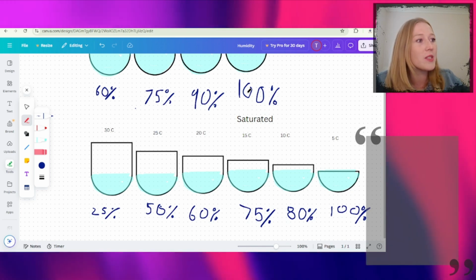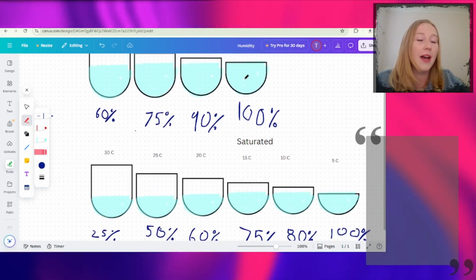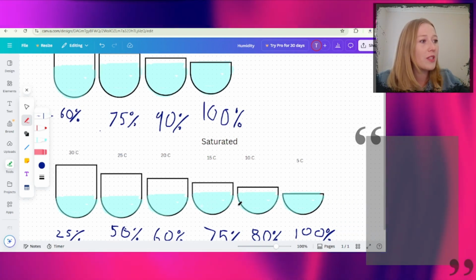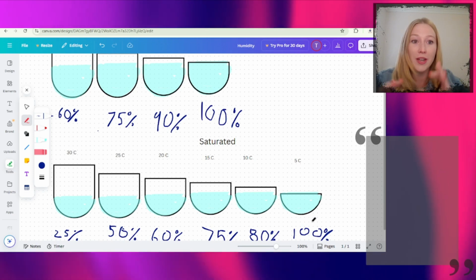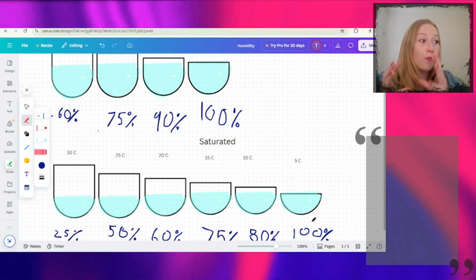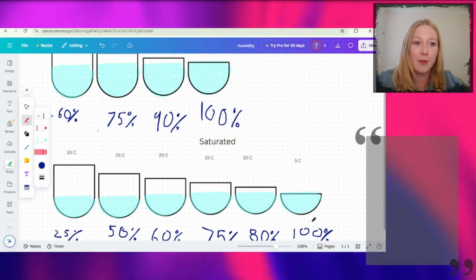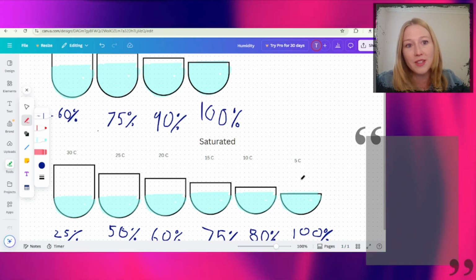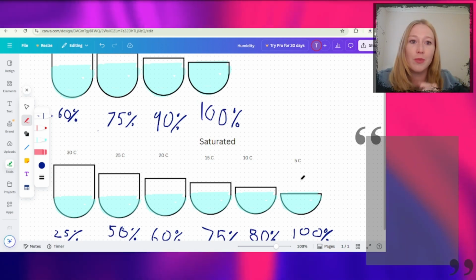And the reason why is because that one had more water vapor than this one. So for this one to reach that 100%, for it to reach that full saturated capacity, it had to get as cold as 5 degrees Celsius.